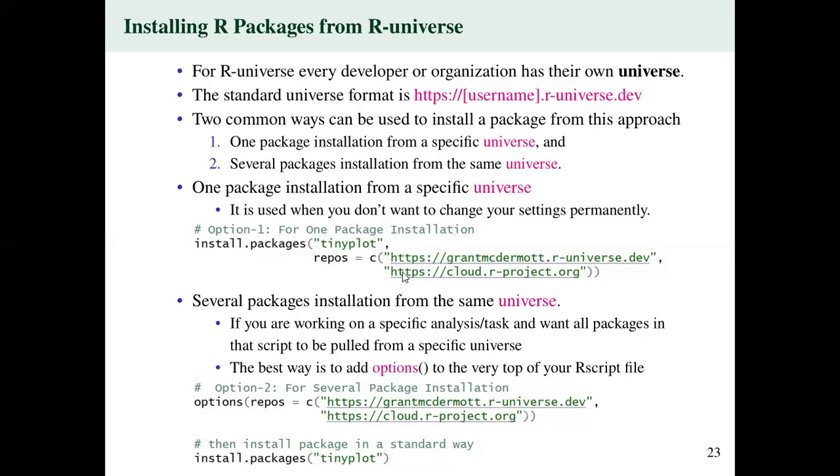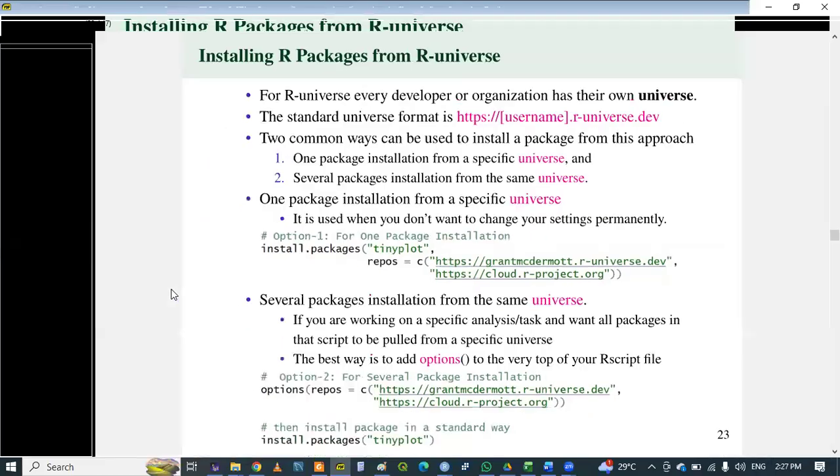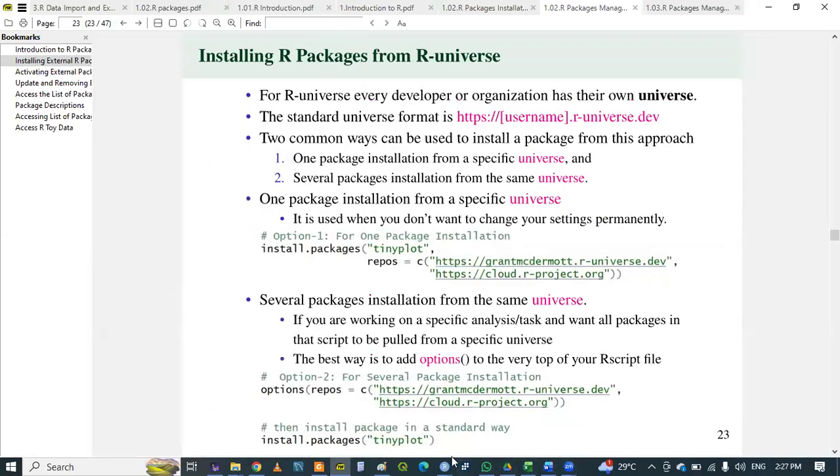But we also need to add the CRAN repository because most of the packages depend on packages which are available in CRAN. So if you ignore this repository from CRAN, it may fail to install the packages due to lack of dependencies. So here, you will come here.